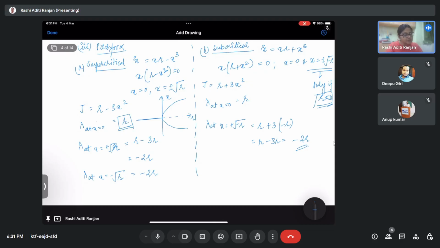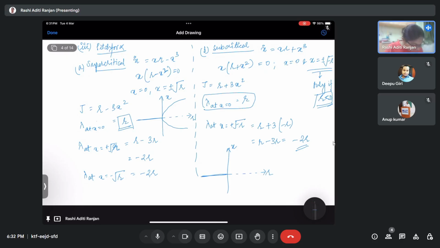But for x equals 0, if r is less than 0, x equals 0 is a stable fixed point. If r becomes greater than 0, then it becomes an unstable fixed point. So how the plot is going to be, if I plot the x-axis and the r-axis, it is stable over here and unstable for r greater than 0.